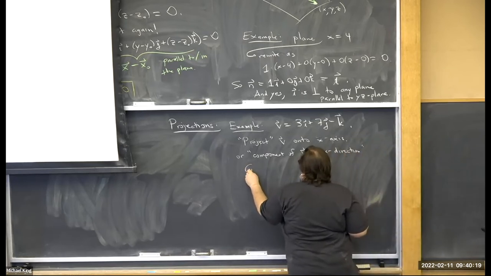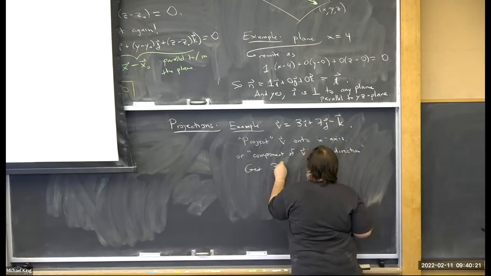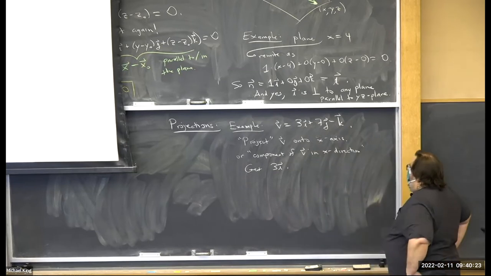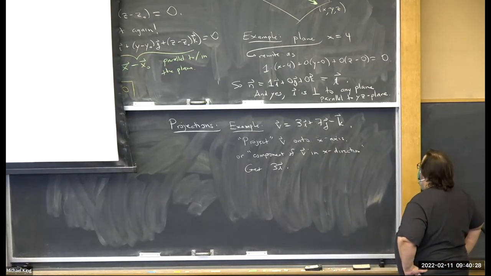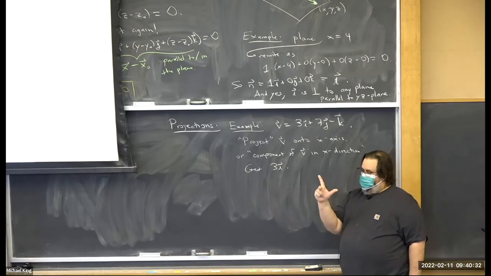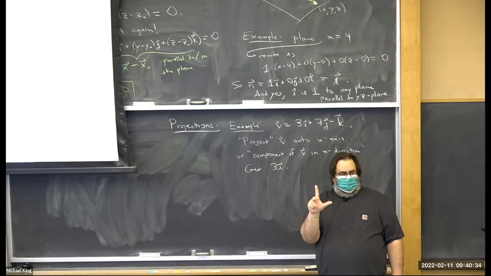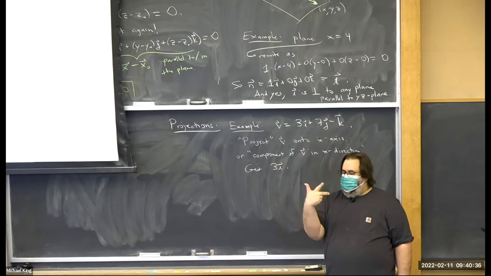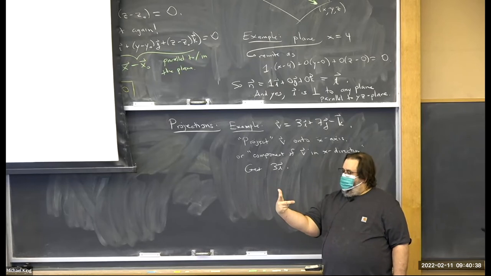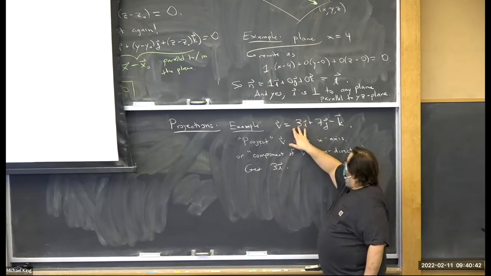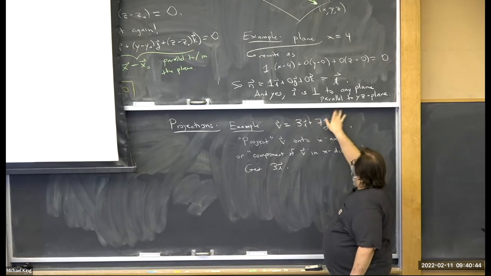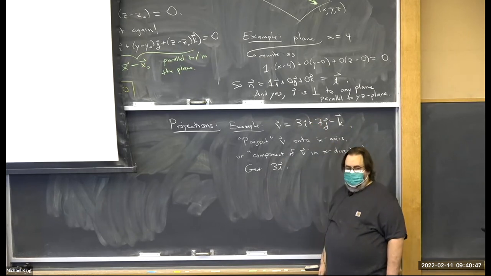And you get 3i, right? And that's completely uncontroversial. But it's worth noting, one reason i, j, and k are so nice is that they're all mutually perpendicular. Because of that, if I just want to focus on 3i, it's perpendicular to 7j minus k, right?